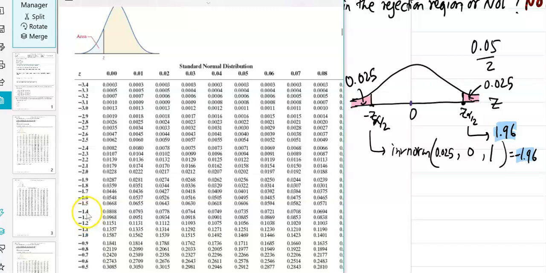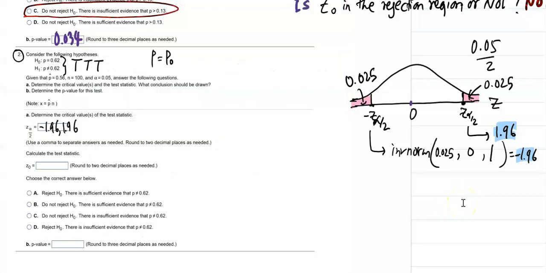You see that? Again, one more time: 0.025 here. So I'm looking for negative 1.9 and 0.06 gives you 1.96, but negative because it is the critical value on the left. The other side is going to be positive 1.96. That's how I find the critical value.